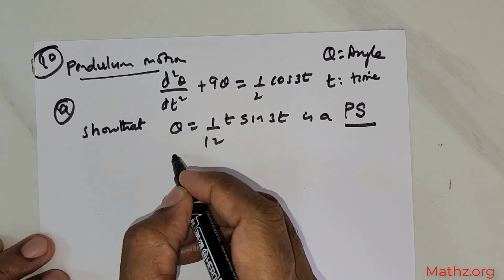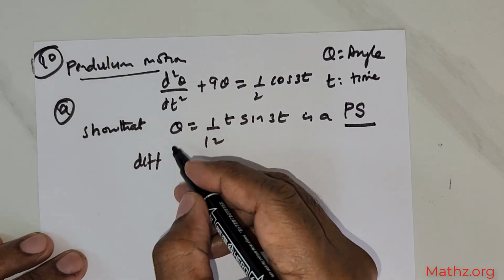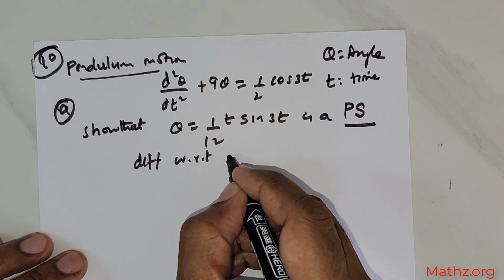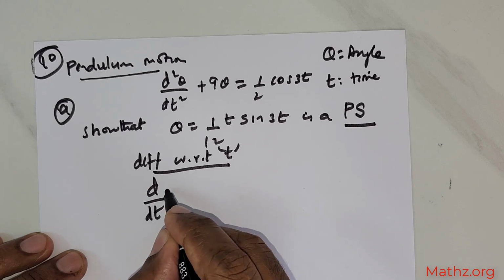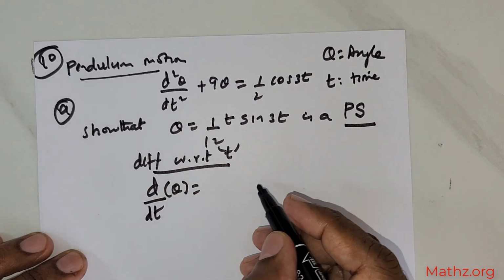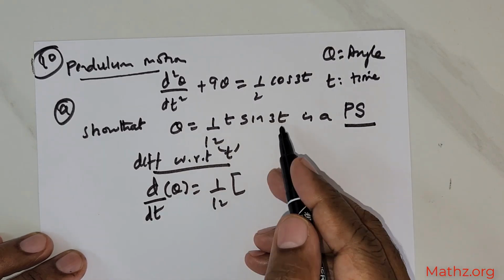So foremost, what I wish to do is I would like to differentiate this with respect to t. So that's going to be d over dt of theta is equal to 1/12 times u into v.